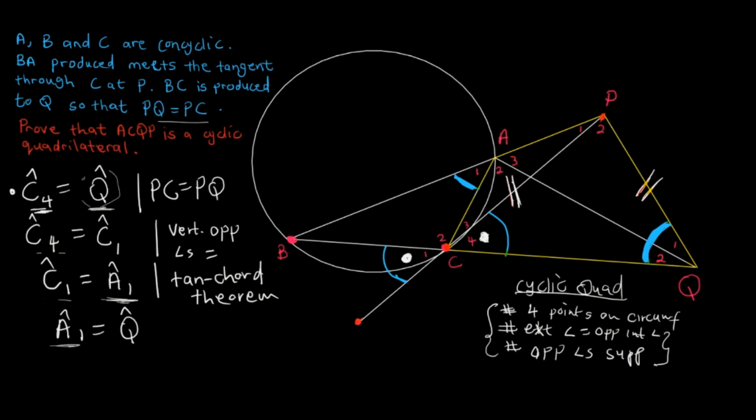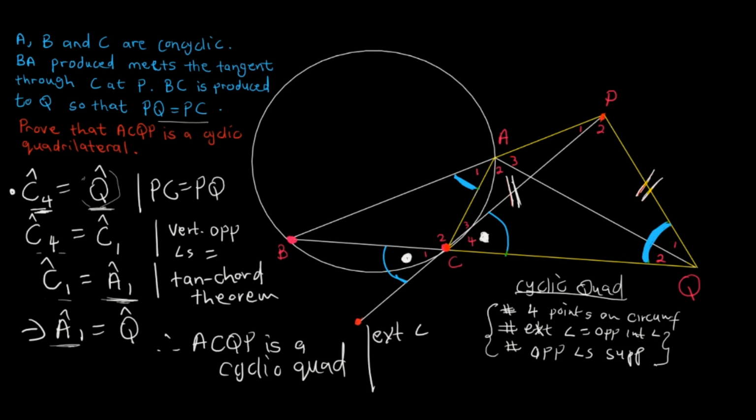So we can just conclude and say, once we found A1 being equal to Q, therefore ACQP is a cyclic quad, right? Reason for that, you can write exterior angles of a cyclic quad, right? Yeah, then we are done solving this problem.